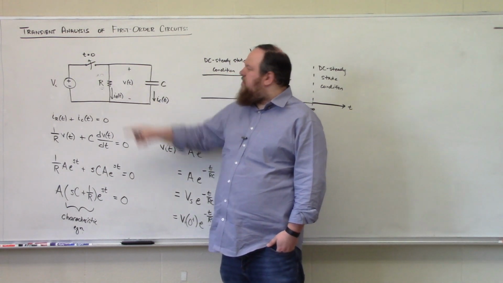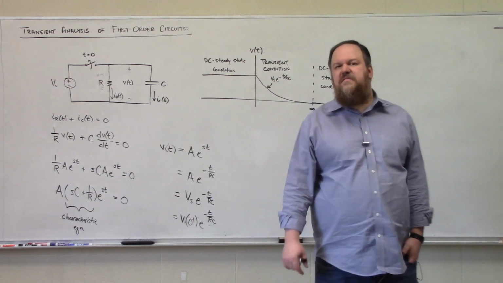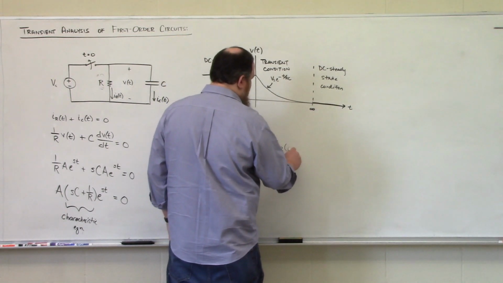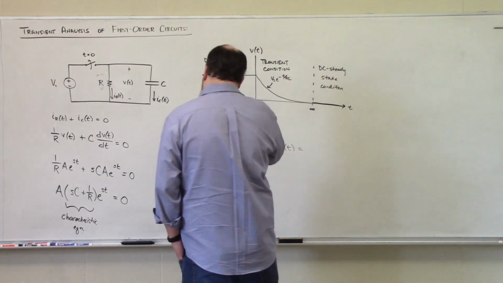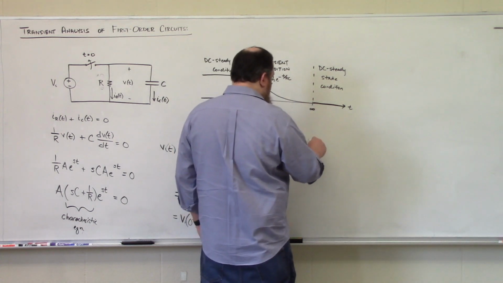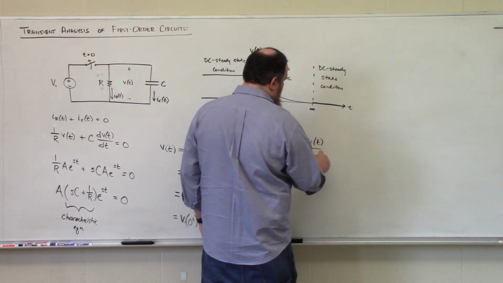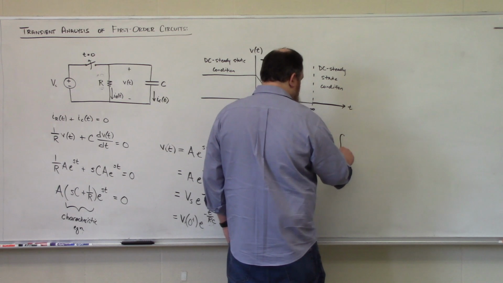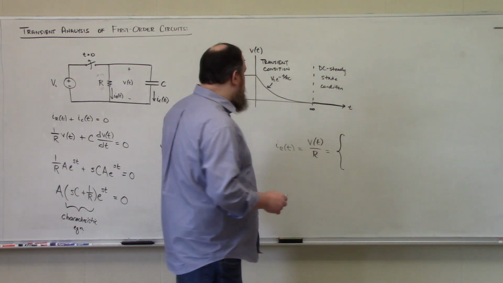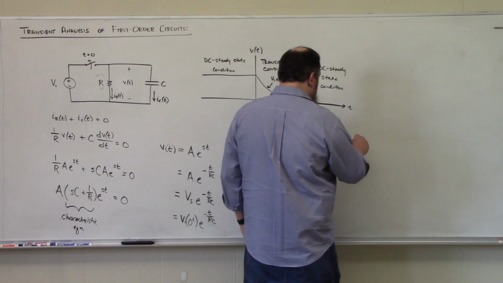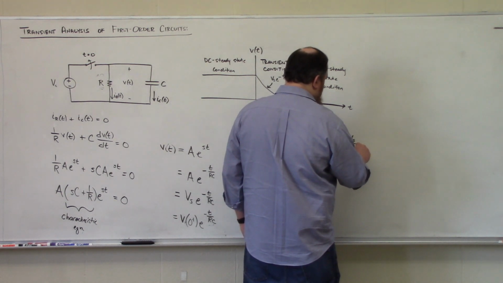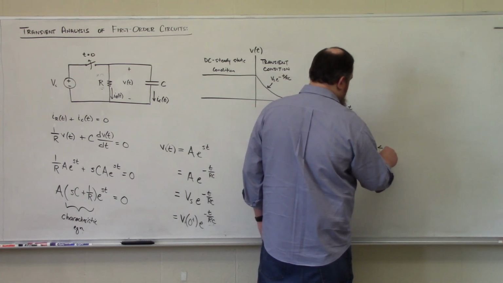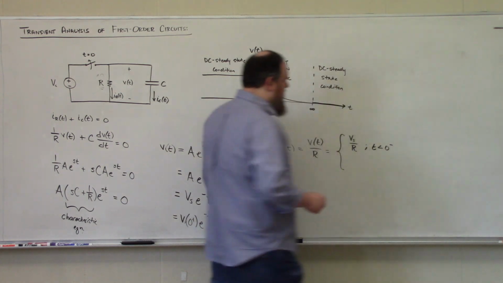Now, let's say we wanted the resistor current. We know what V of t is. Our resistor current, IR of t, is given by Ohm's law. So that's going to be V of t divided by R. I'm doing this as a piecewise function: Vs over R for t less than 0 minus.